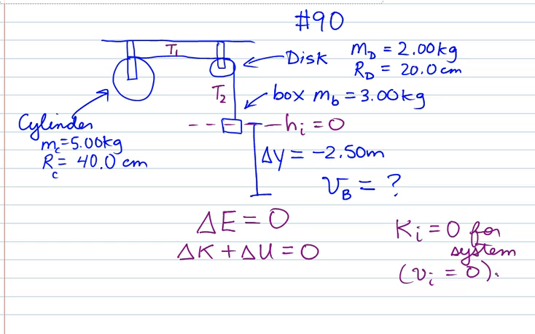Basically what we can say is that the final kinetic energy of the cylinder plus the final kinetic energy of the disc plus the final kinetic energy of the box is going to be equal to the negative potential energy final of the box.